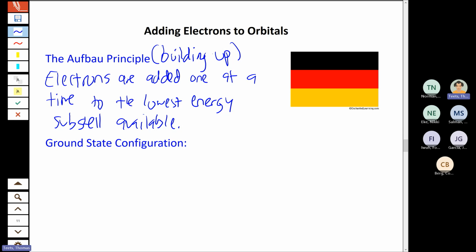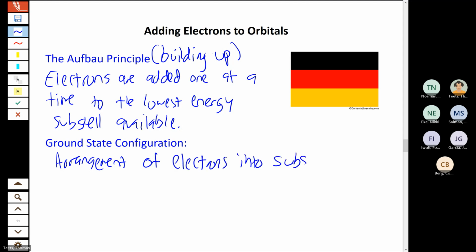That comes from following the Aufbau principle. So the ground state configuration is the arrangement of electrons into the different subshells available, and it's the arrangement that has the lowest possible energy.